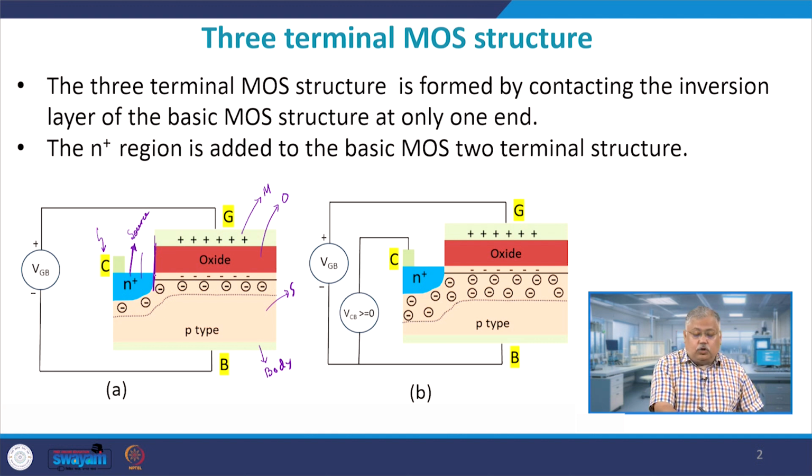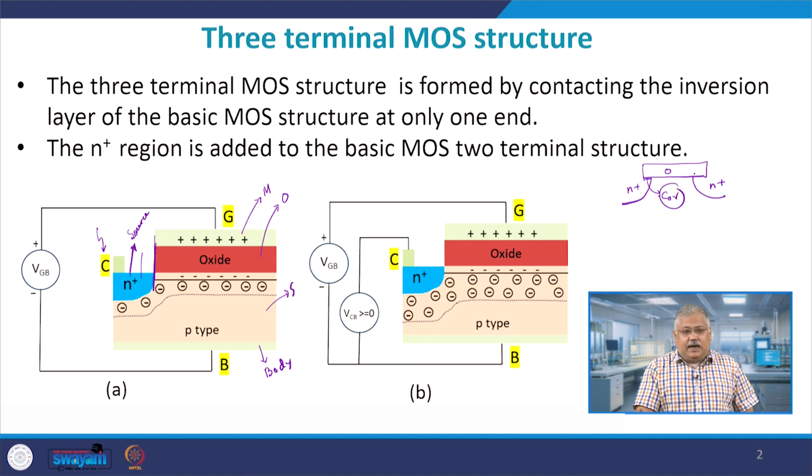There is no overlap here. In reality, the N plus layer will start under the oxide like this; this is my overlap region, and similarly the drain will start from here. This overlap gives you the overlap capacitance, C overlap. But at this stage, let us assume that there is no overlap and they are perfectly aligned with respect to each other, and we have added an extra terminal there known as C.